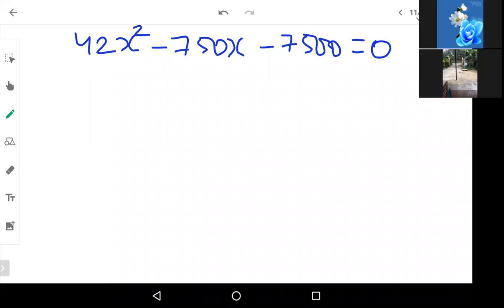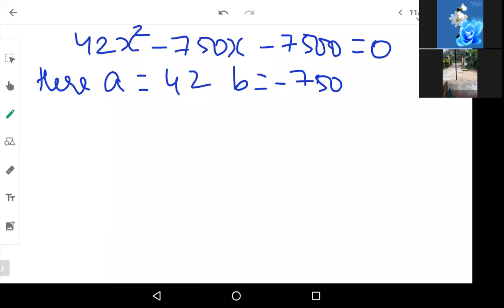Then solve this. Everybody understood, right? Solve this. Here, A is equal to 42, B is equal to minus 750, C is equal to minus 7500. You'll get big numbers. Be careful with that.